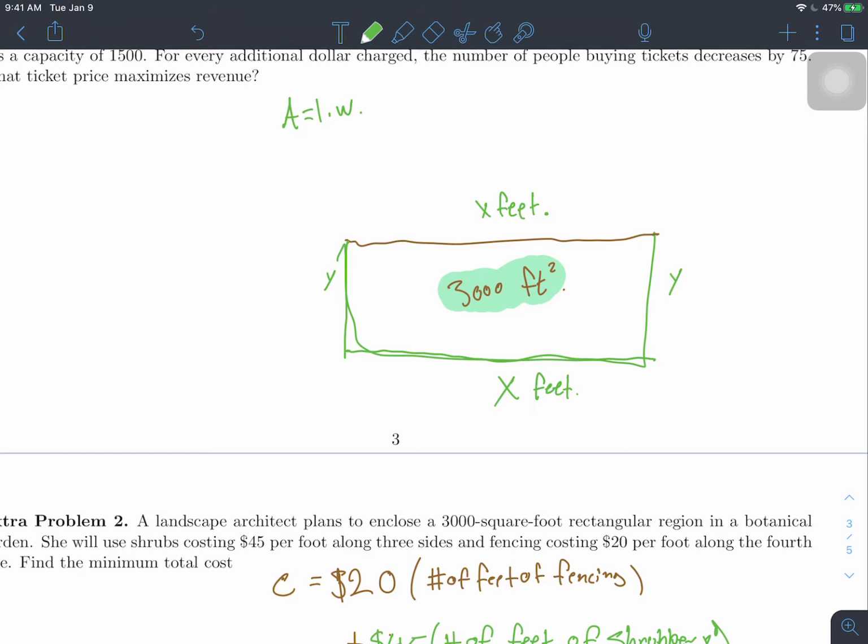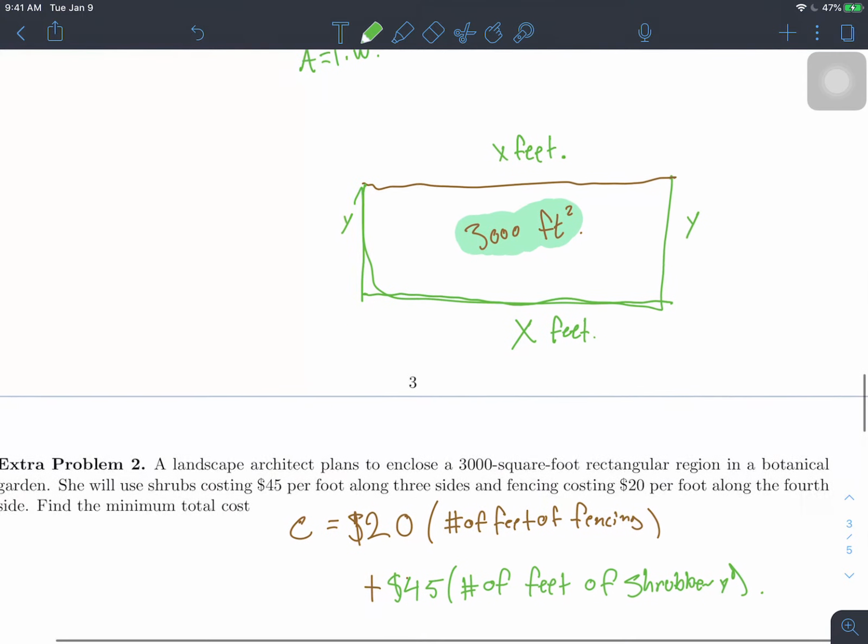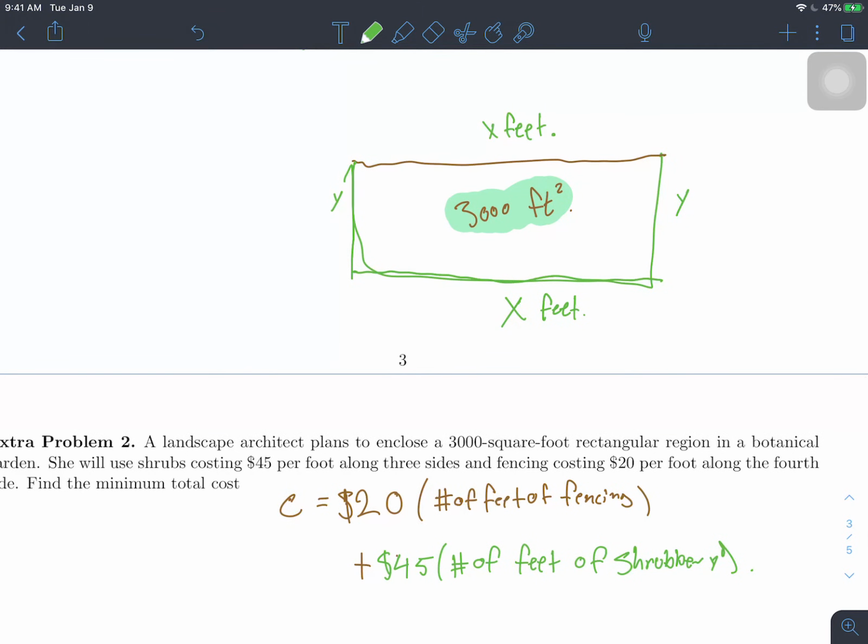Okay? And what I'm going to try to do is express all of these lengths as a single variable so that when I plug in C equals $20 times the number of feet of fencing and $45 times the number of feet of shrubbery, it should be a function with just one variable in it.